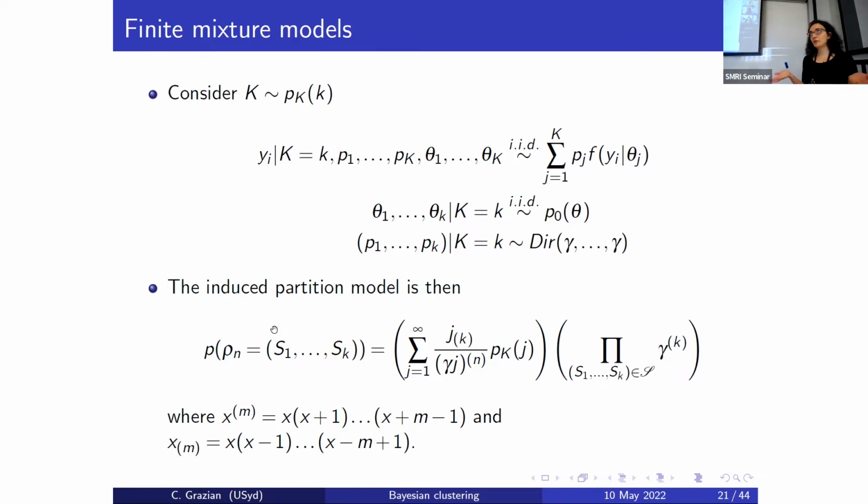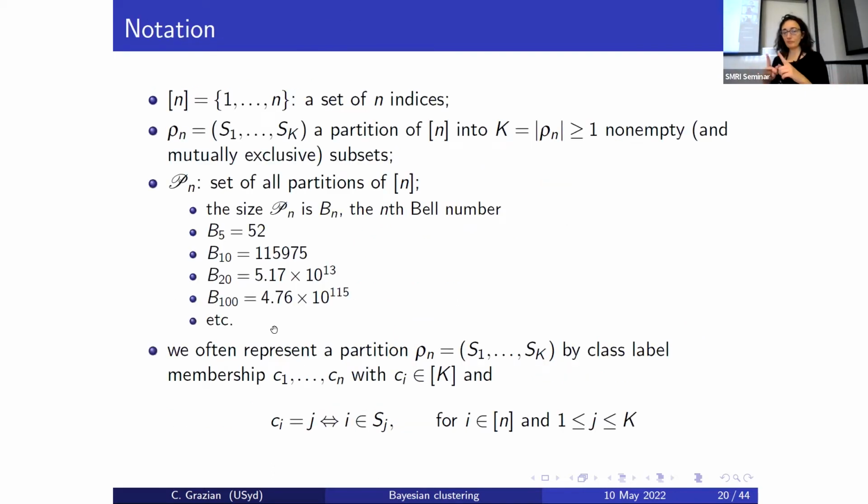But the size of the set of all partitions is very large. You can define a uniform distribution for all the partitions, so every possible partition has the same probability, but it's not extremely helpful in finding the right one.